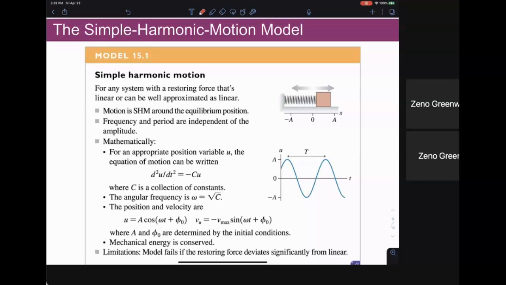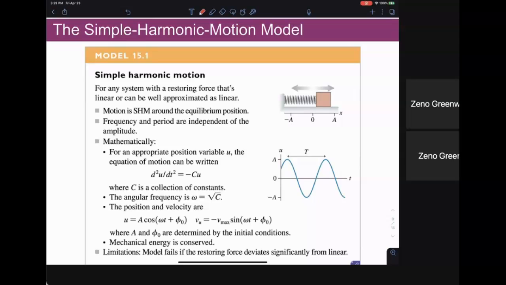Mathematically, for an approximate position variable u, the equation of motion can be written as the second derivative of u with respect to time equal to minus some constant c times u, where c is a collection of constants.